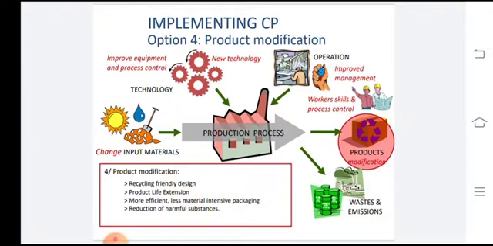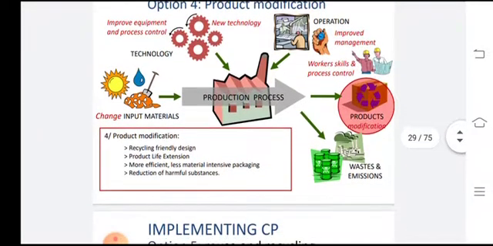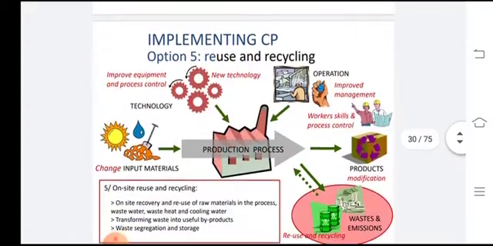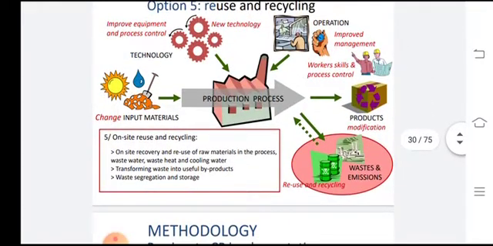There is a possibility of replacing the chromium with some alternative approach. The second option is that we can recover it from the waste and the wastewater. That recovery will help in reusing the chromium as an input material. Overall, we are planning to reduce the pollution load in the systems.